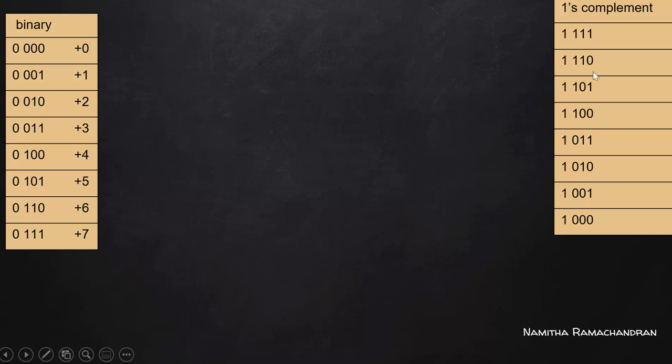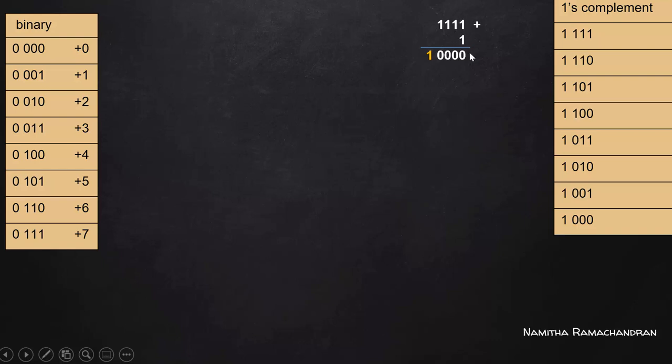So take this table, which was calculated in our previous video. This is negative 0. The 1's complemented form of it is 1 1 1 1. In order to get the 2's complemented form, we want to add a 1 to this 1's complemented form.